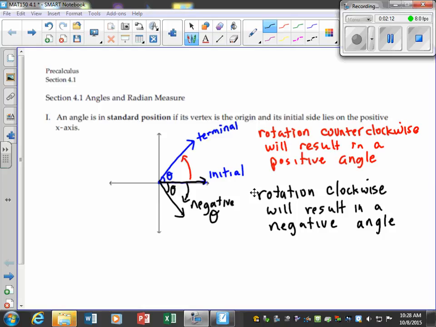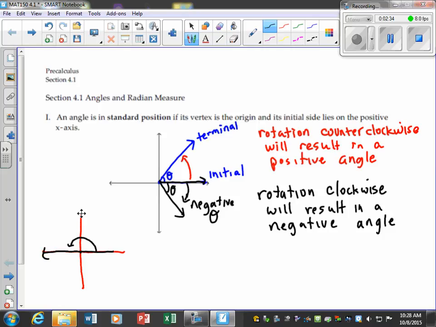Also, I want to make a comment about a quadrantal angle. Let me just sketch another one. So if I start on my initial side, and I'm going around, and let's say it terminates here.